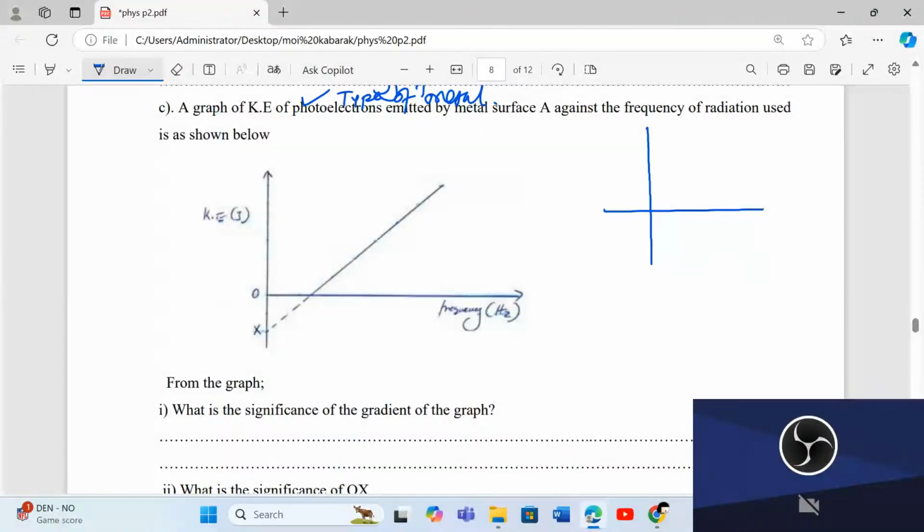So this is in volts and this is frequency, F times 10 raised to the power 14 hertz. And they all do behave in the same manner.